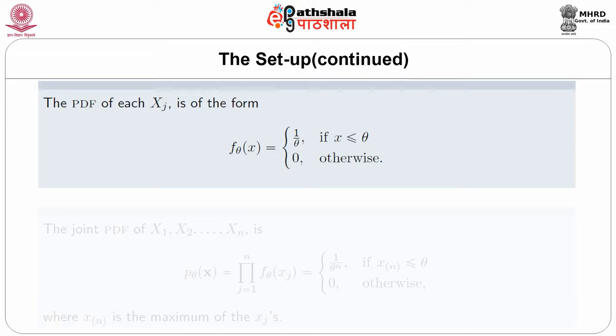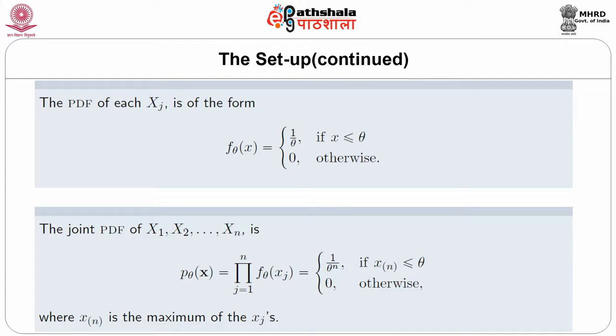For the uniform distribution, the PDF of X1 or X2 or Xn is f_theta(x), which is 1 by theta if x is less than or equal to theta and 0 otherwise. So the joint PDF of X1, X2, ..., Xn is p_theta(x), the product of f_theta(x1), f_theta(x2), ..., f_theta(xn), which is 1 by theta to the power n if the maximum of X1, X2, ..., Xn is less than or equal to theta and 0 otherwise.